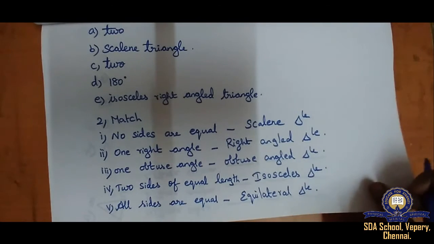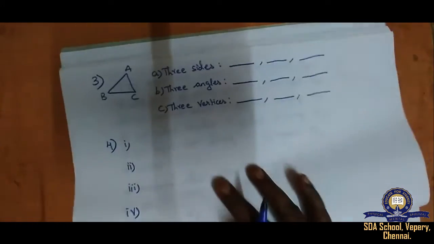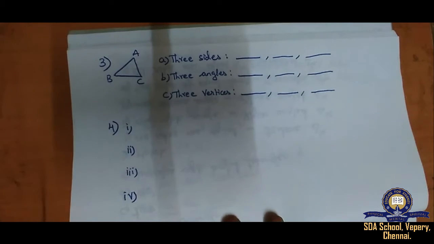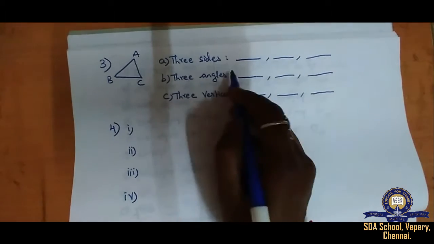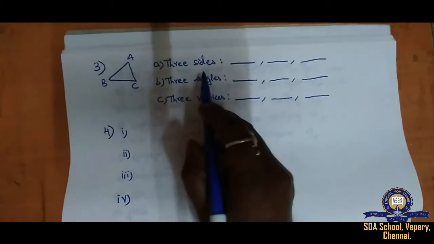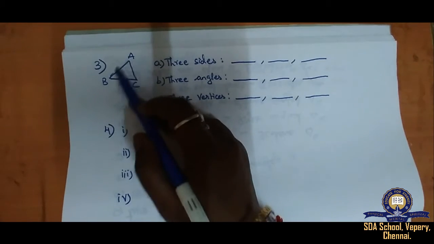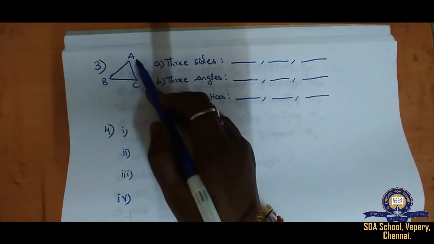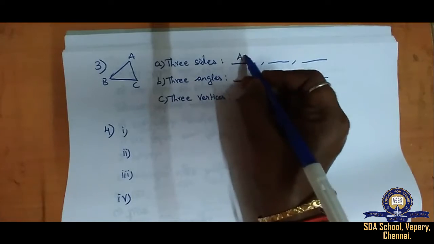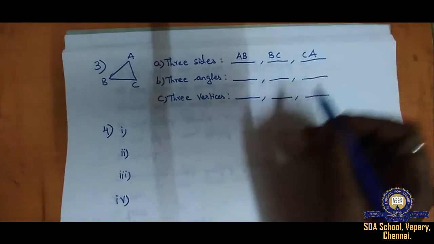Okay, let's finish. Next, third question. In triangle ABC, name the three sides, three angles, three vertices. I have already told you what sides are. AB is one side, BC is another side, CA is another side. So we can write AB, BC, CA.